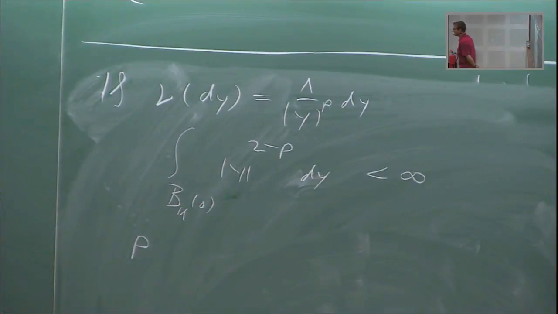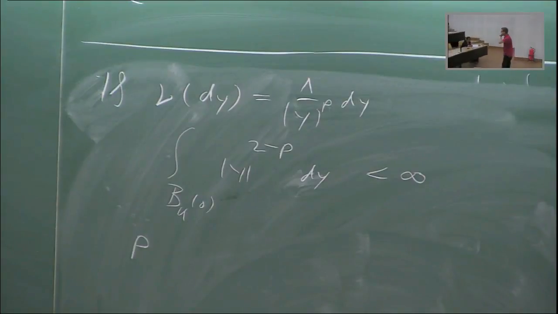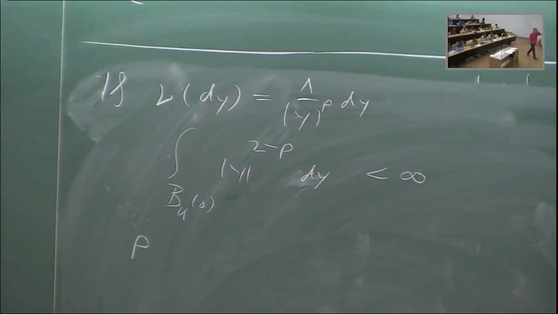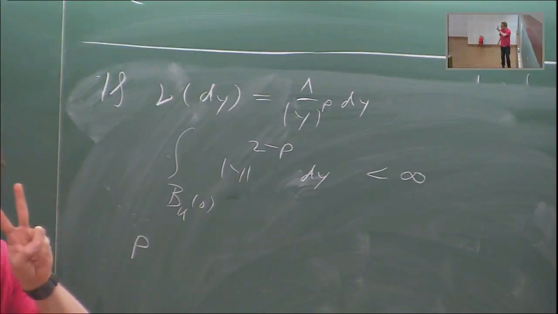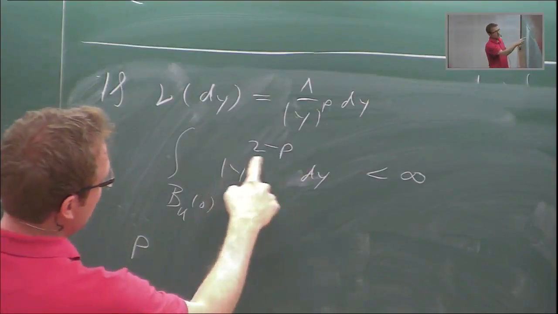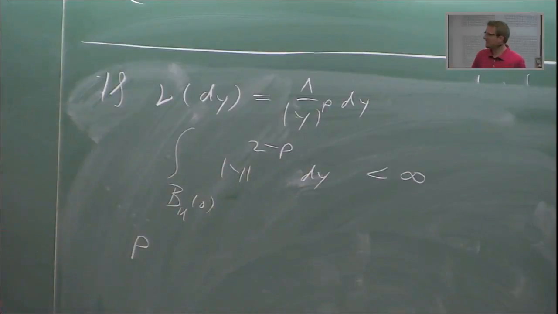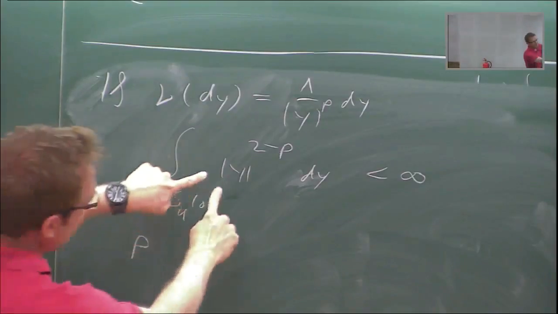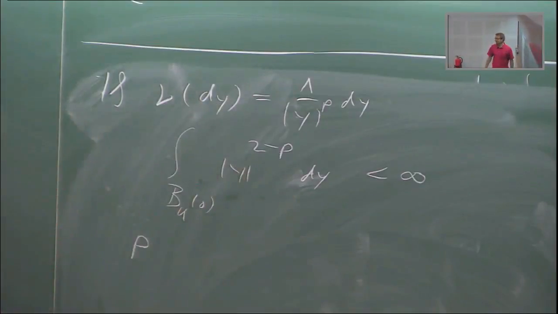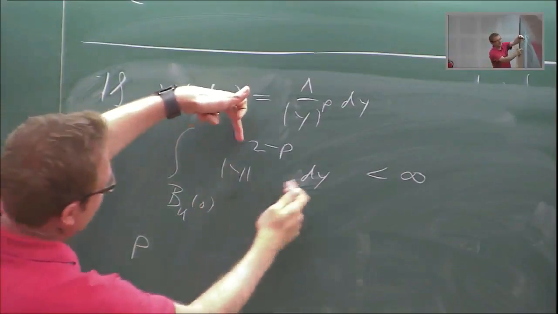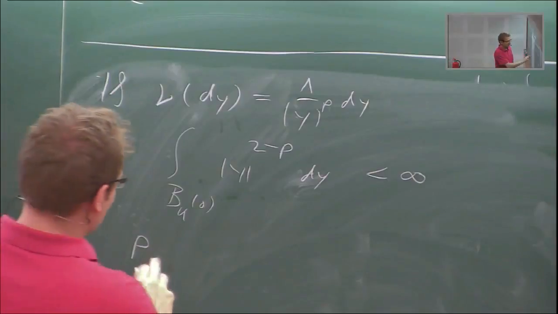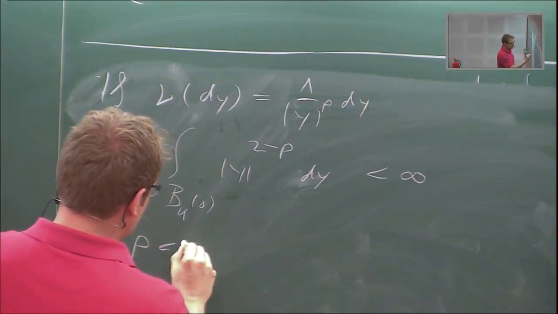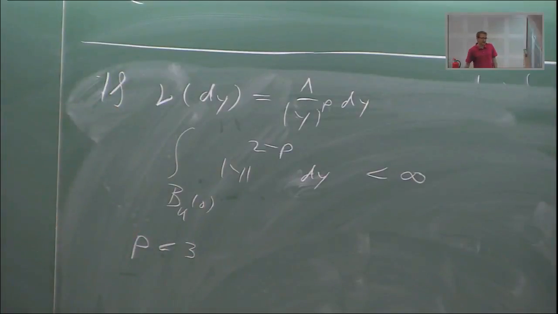Okay, p is less than 3. For p less than 2 it's definitely finite, but there can even be a weak pole here, so p less than 3.